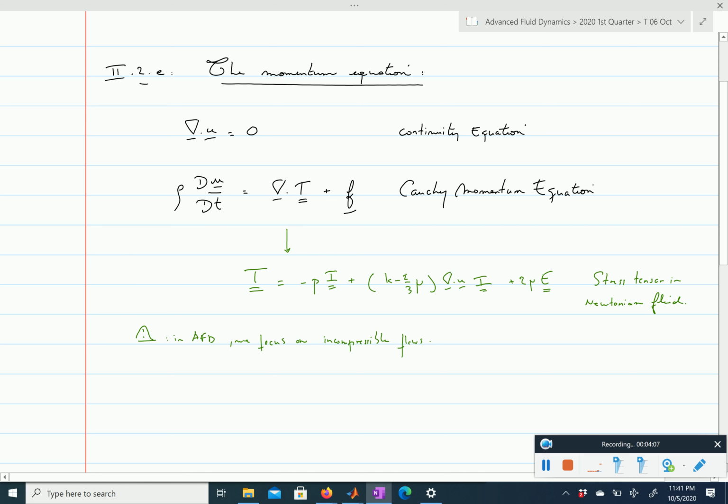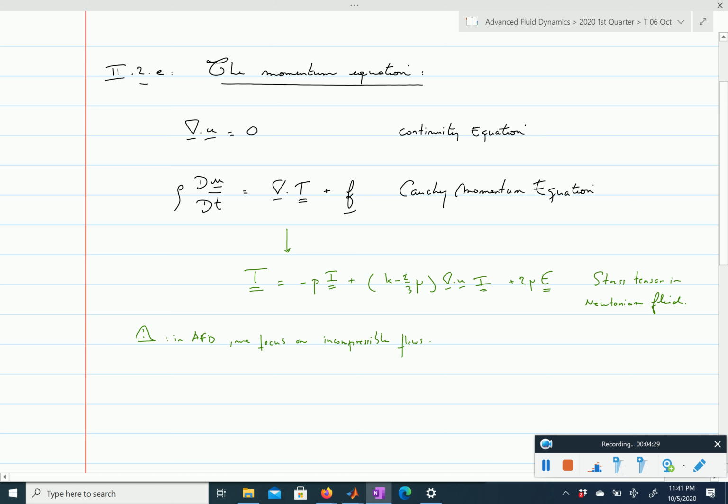For instance, this bulk viscosity can come into play if you're thinking about the propagation of sound waves, because sound waves are waves where air or the fluid is being compressed. But for an incompressible flow, we will never really see the effect of bulk viscosity.